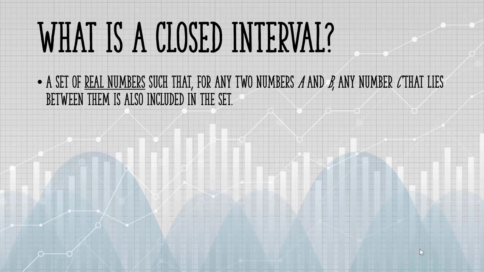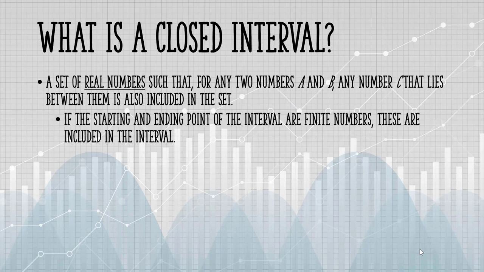An interval is more precisely defined as a set of real numbers, so that for any two numbers a and b, any number c that lies between them is also included in the set. If the starting and ending point of the interval are finite numbers, these are included in the interval.